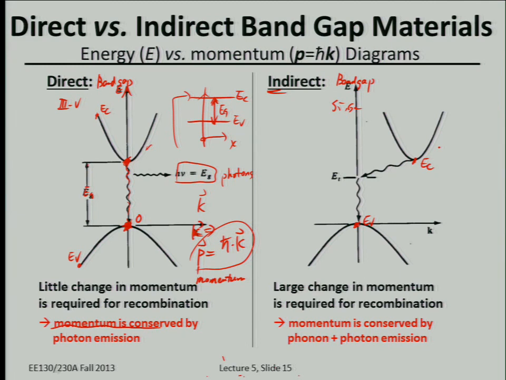Regarding the physics, if I still want to trigger recombination, I first need some way to move my electrons here. I could do it this way, step 1 plus step 2, or I could do it this way, step 1 prime and step 2 prime, right?